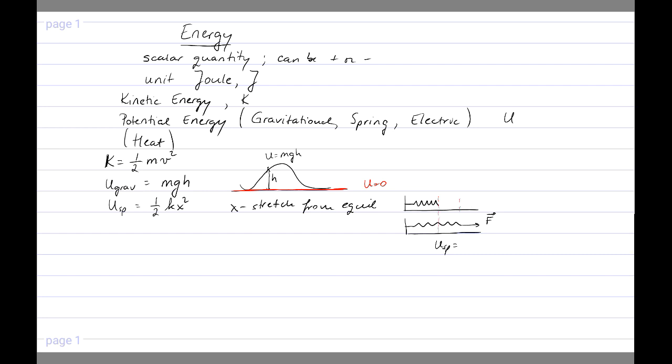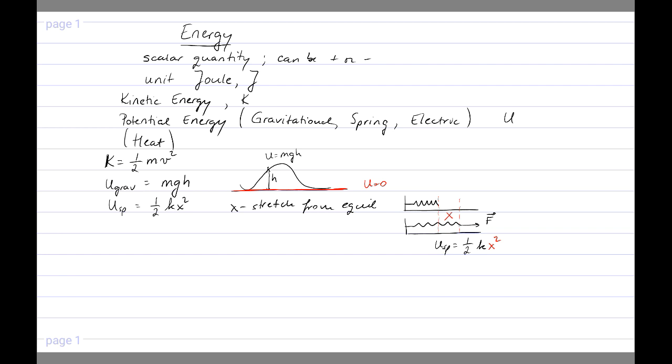So this will be the x. That is how much the spring stretched from equilibrium. Now the spring can also be compressed. And then again we have the spring potential energy is 1/2 kx squared. All right, we will talk about electric potential energy and heat in a later video.